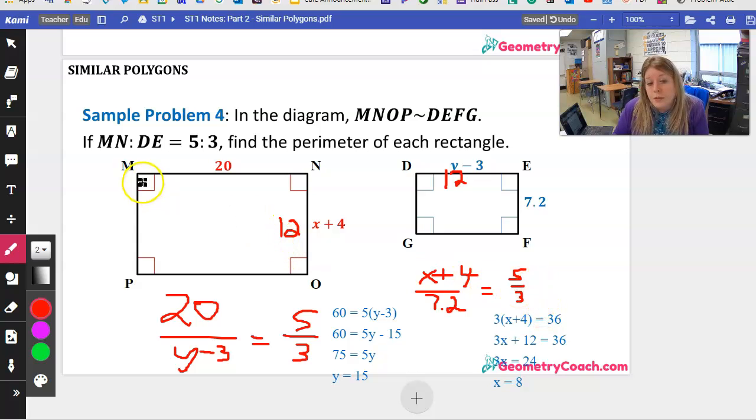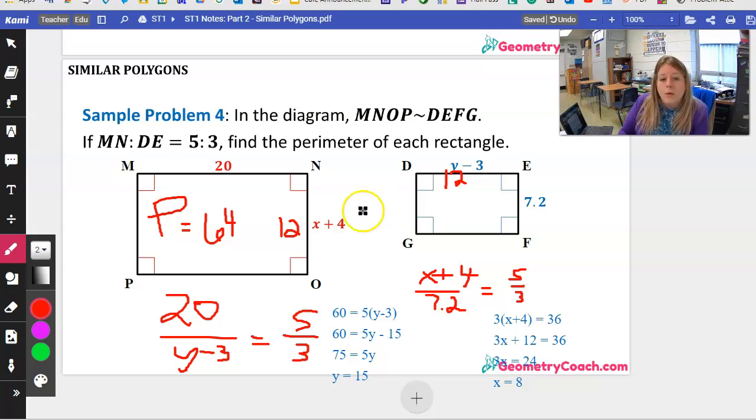So then we need to find the perimeter of each rectangle. So we got 20, 20, 12, 20 plus 20 plus 12 plus 12. The perimeter of the big triangle is 64. And then if I want to find the perimeter of the little triangle, I can either add them up, or I can multiply 64 at a ratio of 5 to 3. 64 over some perimeter is going to equal 5 over 3.